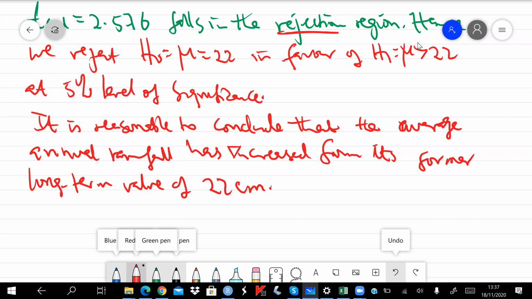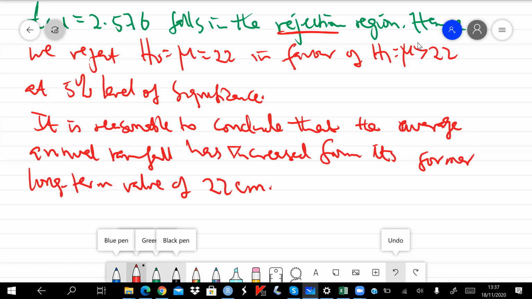So there is evidence that the mean annual rainfall has increased from its former long-term value of 22 centimeters. Okay, so that is the end of that question.